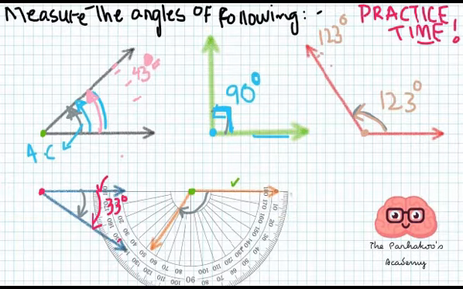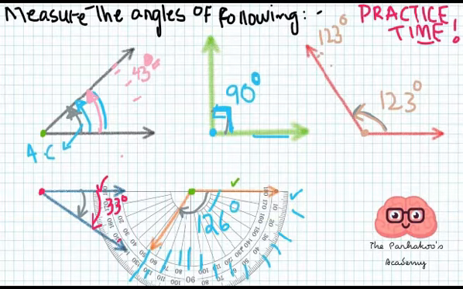The clockwise scale is outside, so this is 10, 20, 30, 40, 50, 60, 70, 80, 90, 100, 110, and this is 120. If you extend it, you get 125 or 126, so it's 126 degrees. So this angle is 126 degrees.